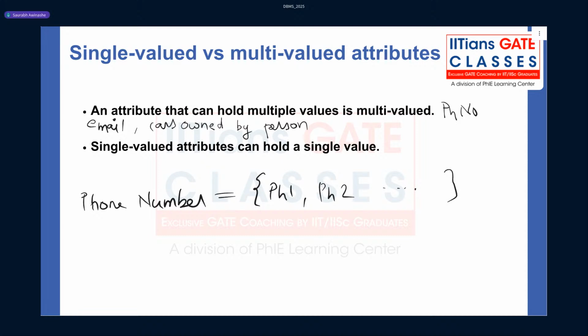And on the contrary, we have single valued attributes. These are attributes that can hold just a single value. We can have age. One person cannot have multiple ages, right? What else do you think would be a single valued attribute?